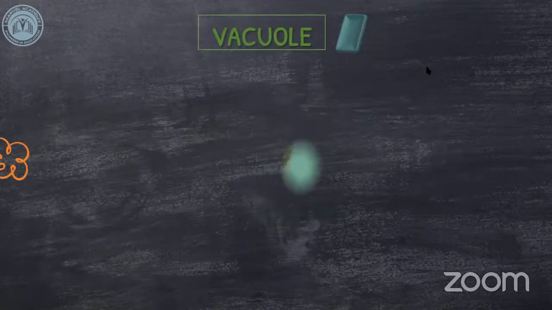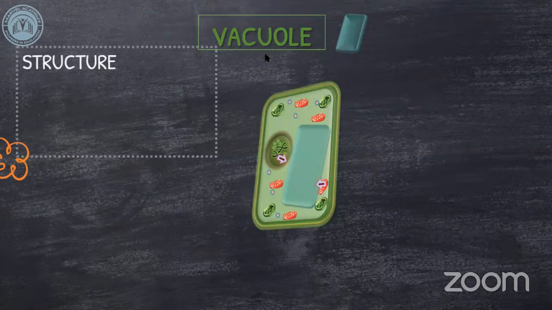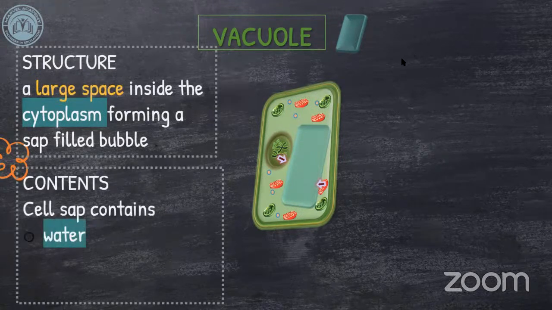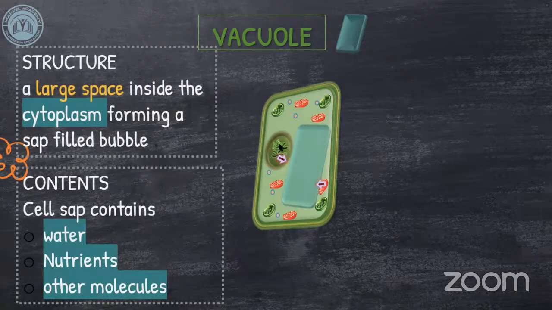Vacuole. I told you animal cells also have a vacuole, but that is not a permanent structure. It disappears from time to time. But plant cells usually have a permanent vacuole. Usually the majority of the cytoplasm is covered with that, children, so very easily we can identify it. It contains a watery substance known as the cell sap.